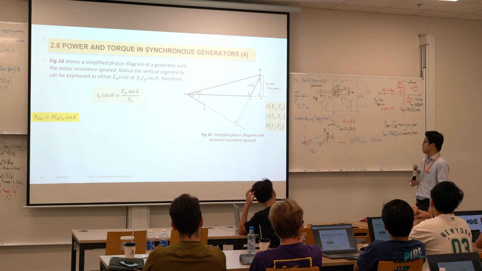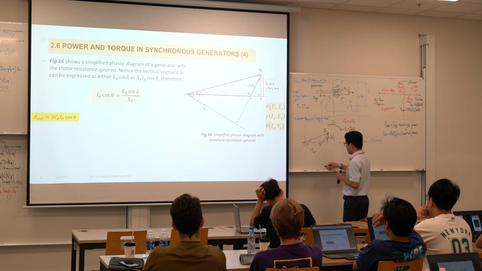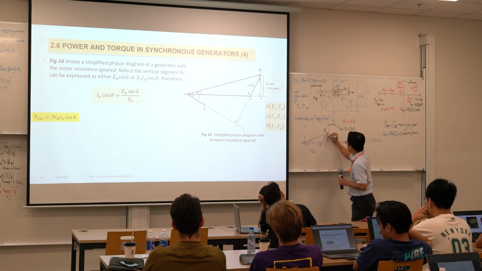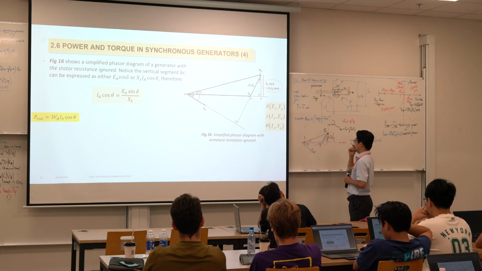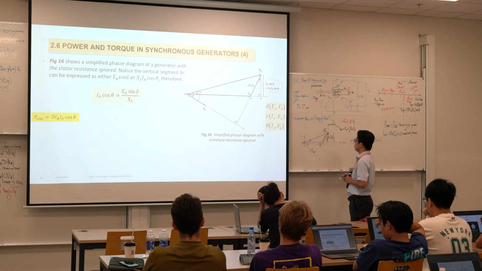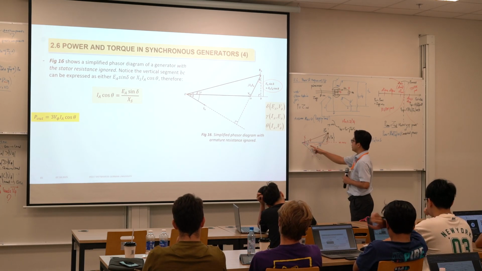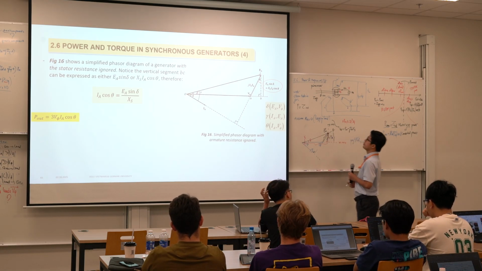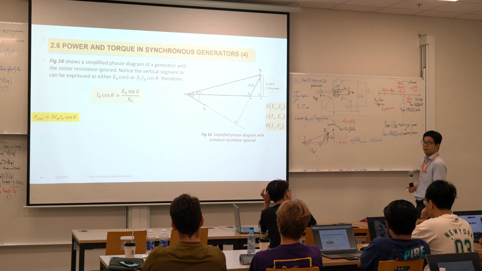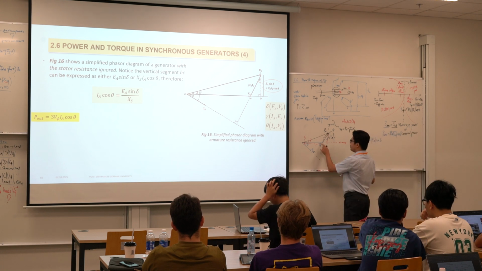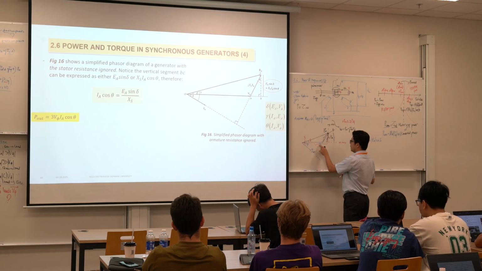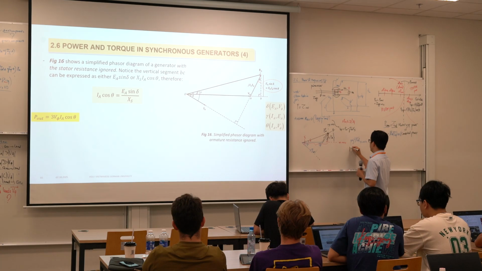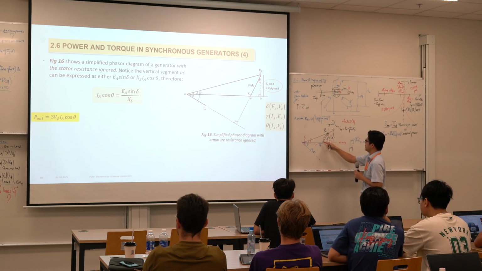Continue. Now we consider this one. This is theta, so this one is pi over 2 minus theta. Now we have the projection of this segment.